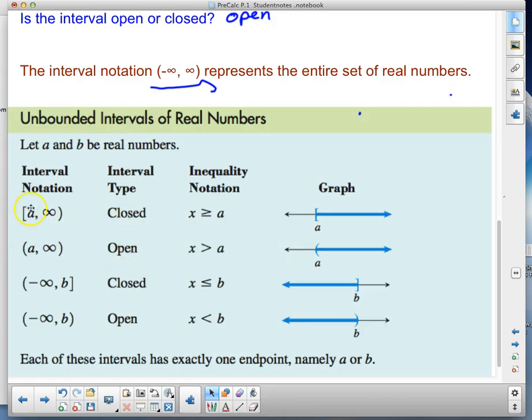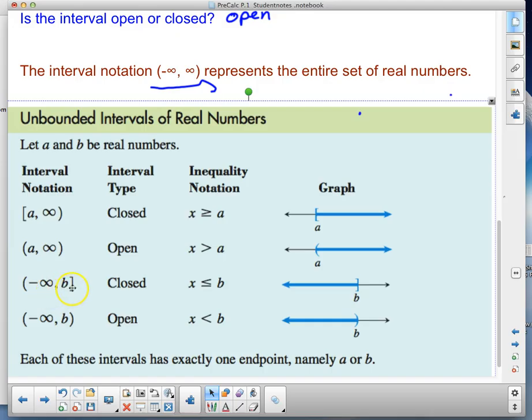And notice the brackets. The bracket is located where we definitely have a starting spot, something that isn't infinity. And the open is at infinity. So we've got a closed interval. It starts at a and goes to the right, to infinity. An open interval, notice the inequality notation, x is greater than a, and it's got an open parenthesis at a and it goes to infinity.